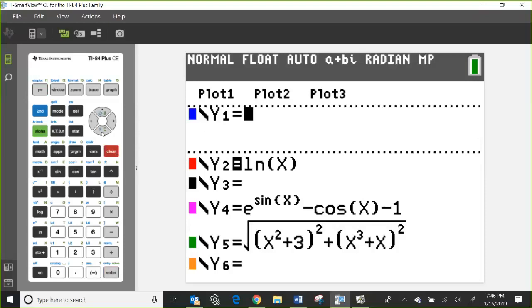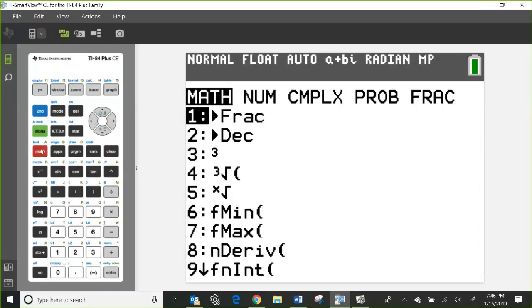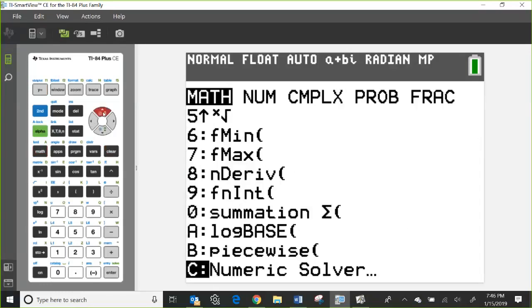All right, so this is on the CX, it's not on the TI-84 Plus Silver Edition. I can show you what you would need to type in for that one, but right now let's just stay on this CE or CX. It's under Math, and if you go down or up because it's closer, you've got this piecewise.